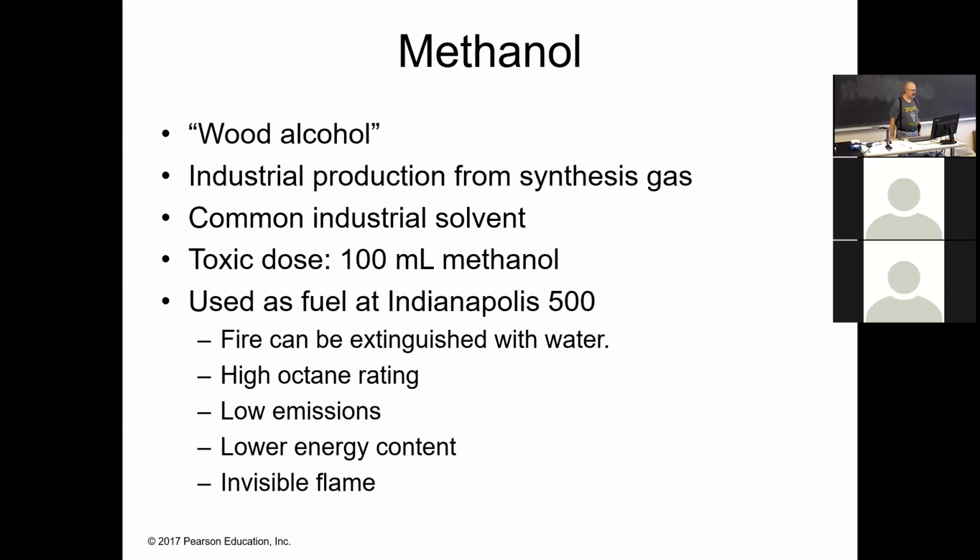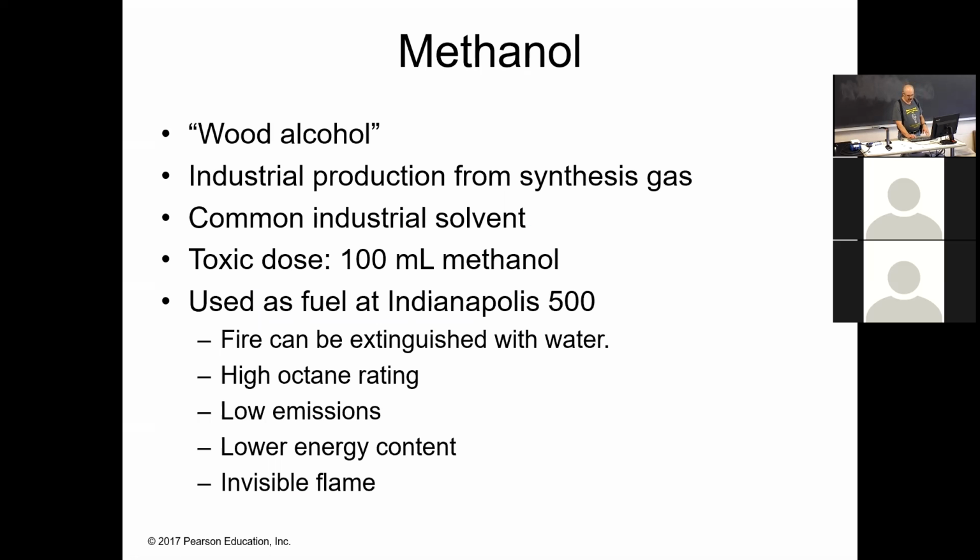Right, let's look at some commercially important alcohols. Methanol is commonly called wood alcohol. It was first isolated actually in the late 1600s by the distillation of wood in the absence of air. That's where it gets its name.